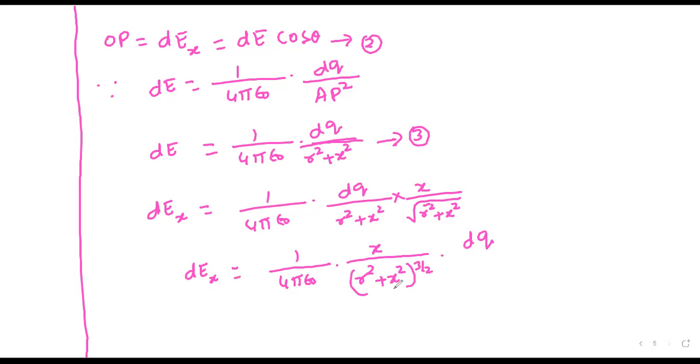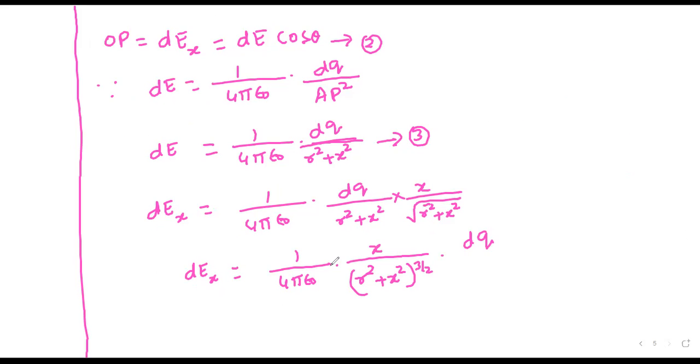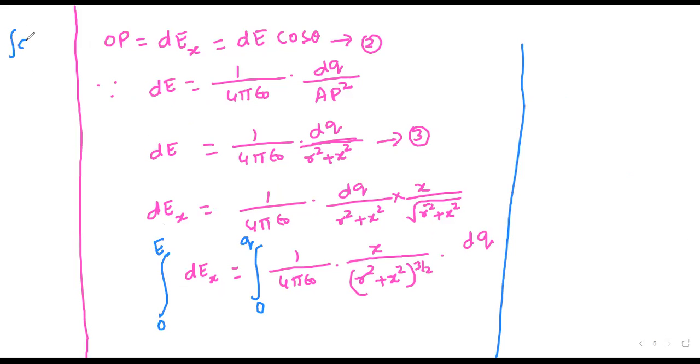In order to find the total electric field due to a ring, I am integrating on both sides. The total charge is Q and the total electric field is E. Upon integration, since we know that integral dx is nothing but x, I'll write E between the values 0 to E is equal to 1 by 4 pi epsilon naught integral dq.